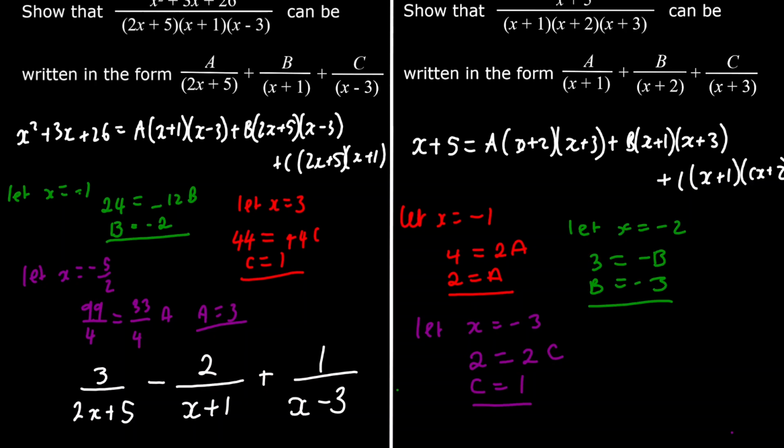So we have a is 2, so 2 over x plus 1. B is negative 3, so minus 3 over x plus 2 plus 1 over x plus 3.